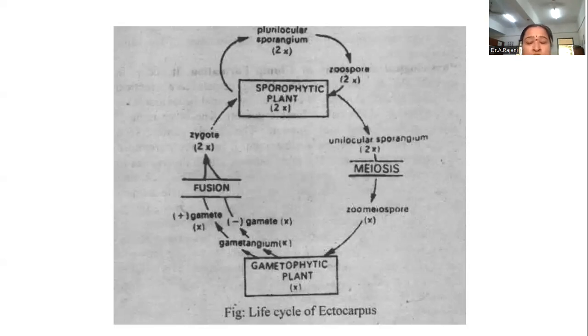Because two similar plants are there. Diplo, because the zygote does not undergo meiotic division. Haplo, because the sporophytic plant produces unilocular sporangia, which after meiosis form male and female gametes. That's why the total life cycle is called the isomorphic diplohaplontic life cycle. This is the whole of Ectocarpus. If any doubts, ask me.